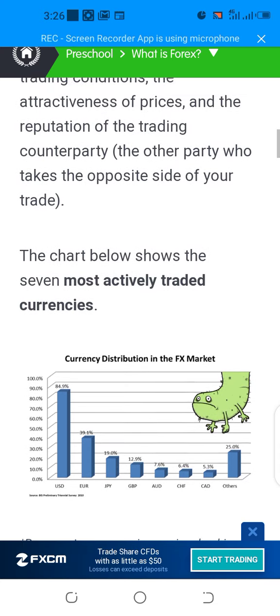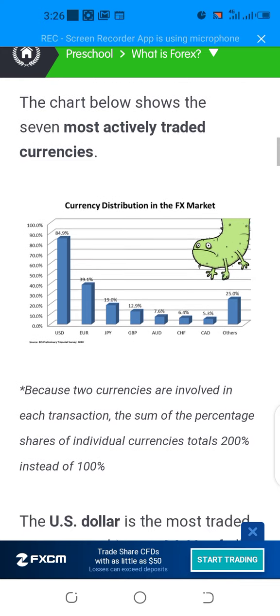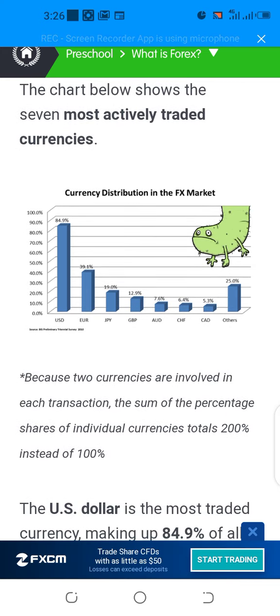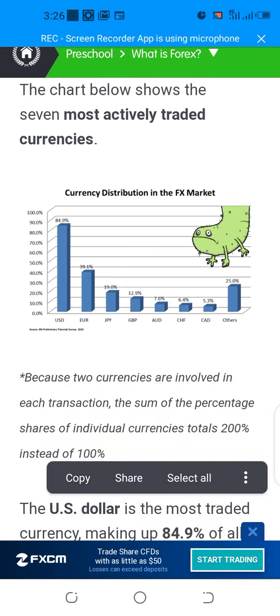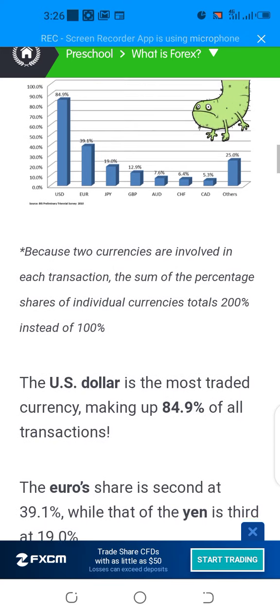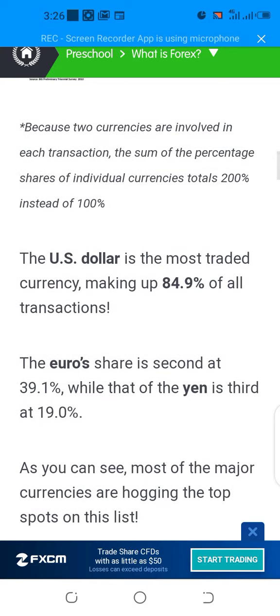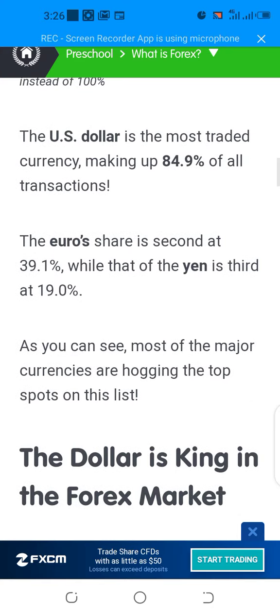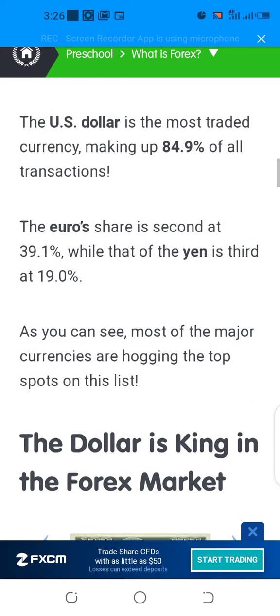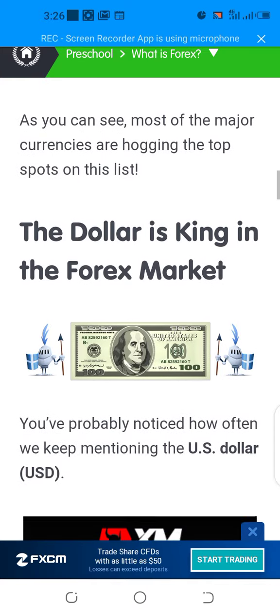The pip value. This is how we get the pip value. In other words, 0.0001 divided by 1.5250 will give us 0.0000655. That automatically becomes the pip value of that currency pair.